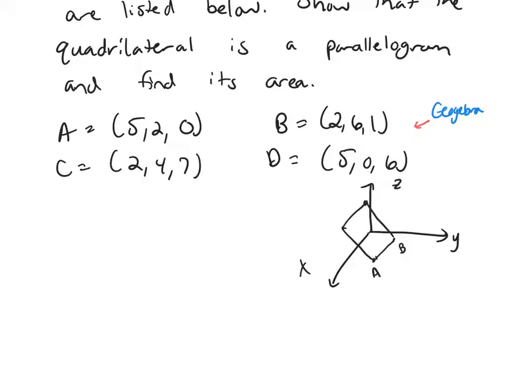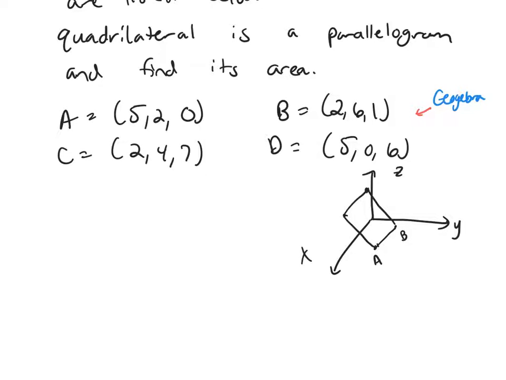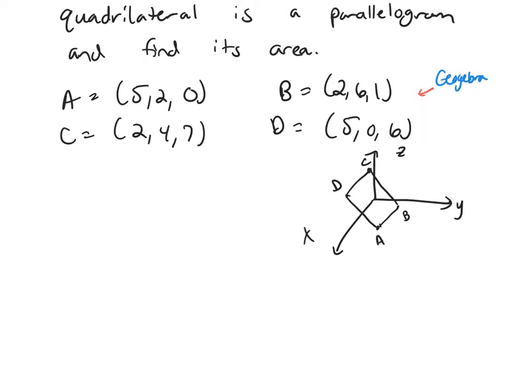So the first thing we need to do is verify that this is a parallelogram. In a parallelogram, the opposite sides are parallel. And so I'm going to look at the vectors AB, CD, AD, and CB.